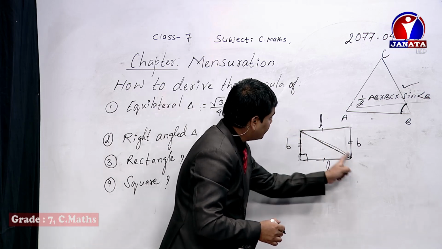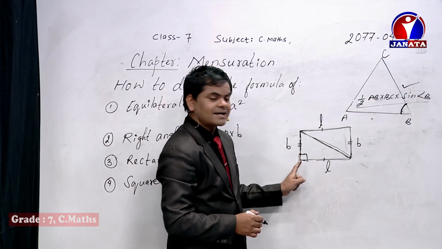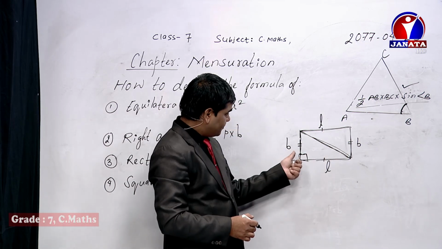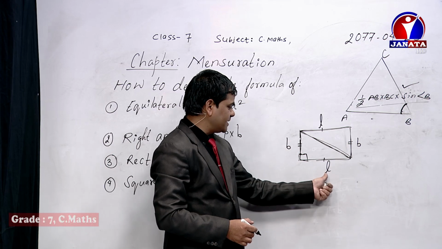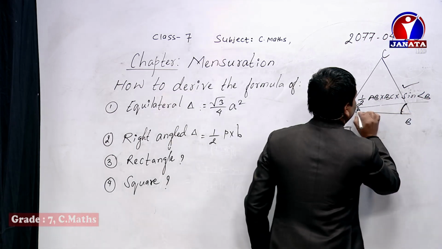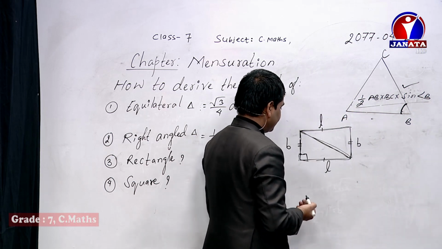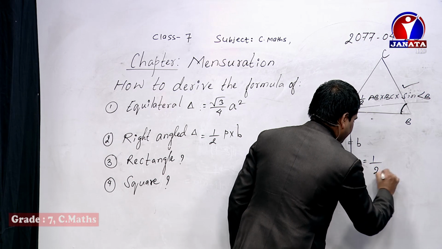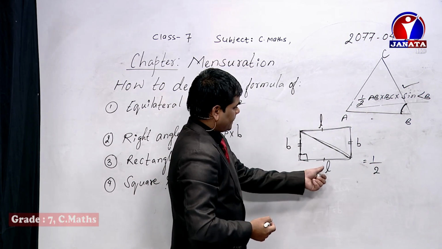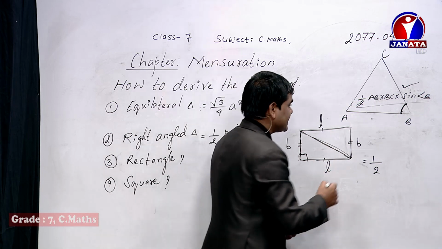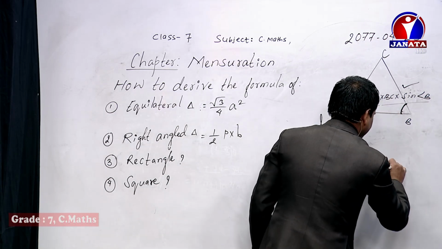So let's find it by using this concept. At that time we used the concept of the right angle triangle. In the place of perpendicular there is the base, and in the place of base there is the length. So let's use this formula, 1 by 2 AB into BC into sine angle B. What happens? 1 by 2, in the place of AB you can keep length, any side among these two, BC or AB, so length.